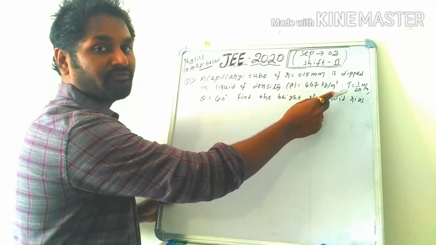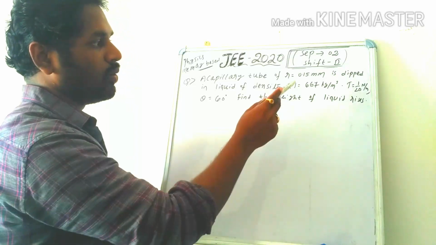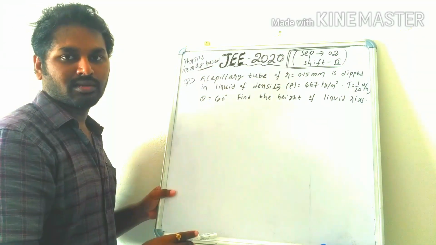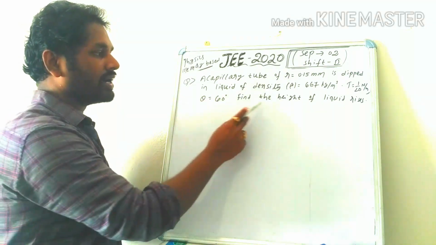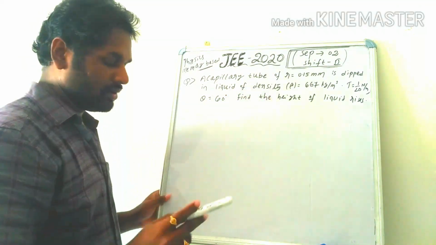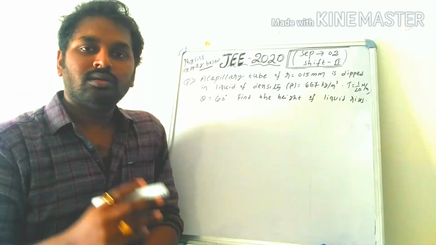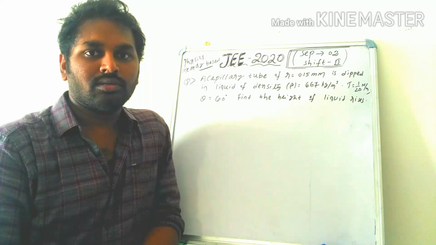The surface tension T of the liquid is 1 by 20 Newton per meter and the angle of contact is given as 60 degree. Find the height of liquid rise. So this is a straightforward question.